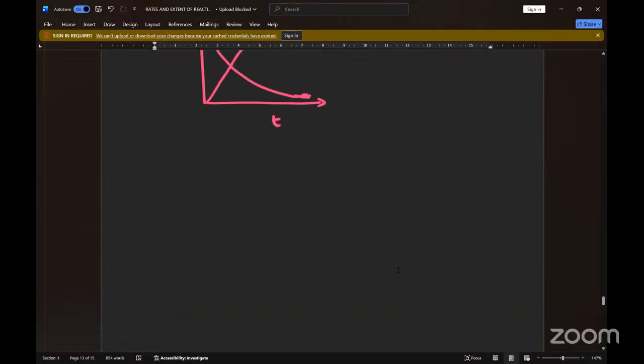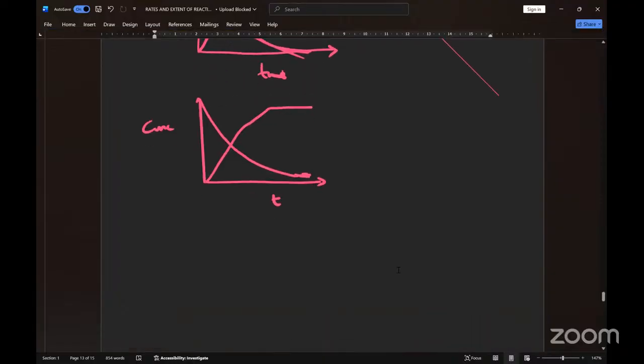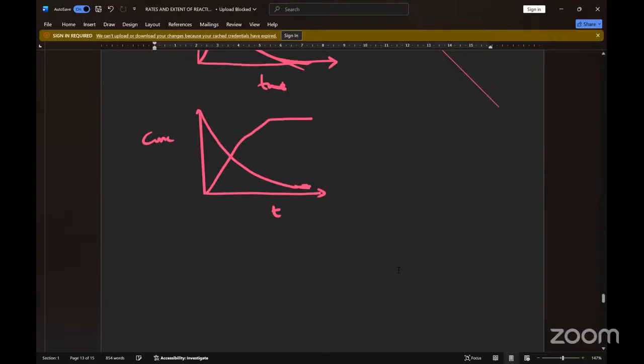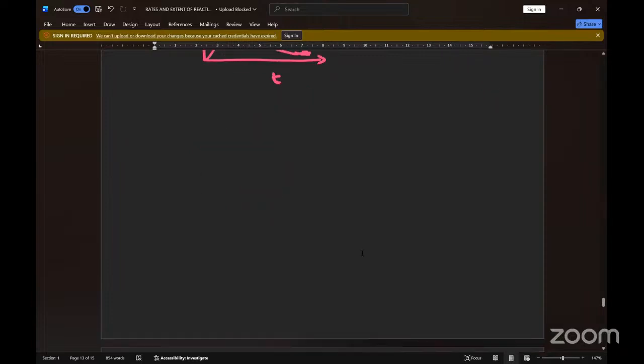Now, whether you calculate the rates using the first one, that is reactant or product, there are three stages for each one of them, and I'm going to explain that. Let's use the product first, because that one is easier to see. So let's deal with products here. So this is our time, and this is our concentration in the case of this.